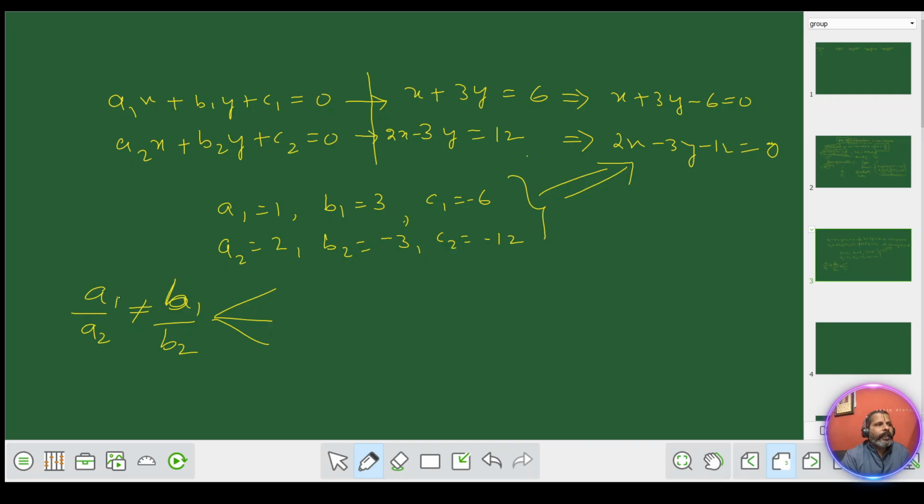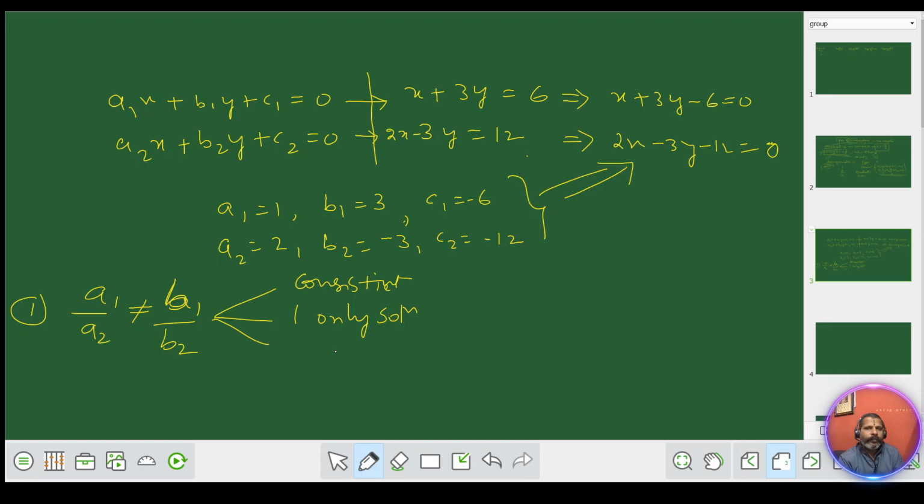When a1 by a2 and b1 by b2 are not equal, then the solution type is consistent. Remember that the solution type is consistent, and they will have only one solution.